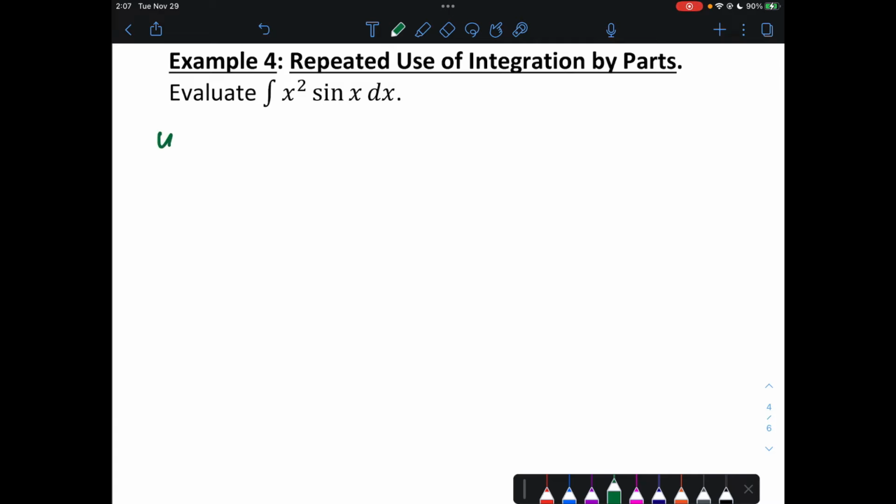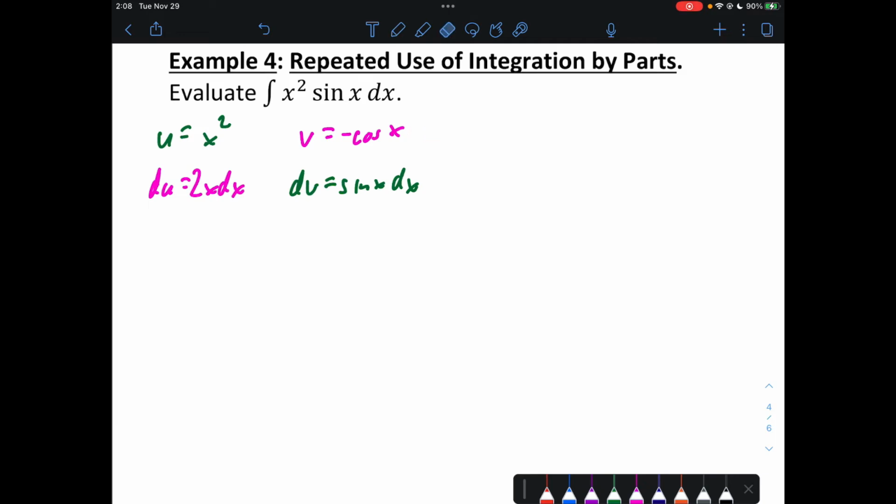We're going to let our algebraic, our polynomial, x squared be u, which means dv must be sine x dx. So du would be 2x dx, and v, the antiderivative of sine, is negative cosine x.